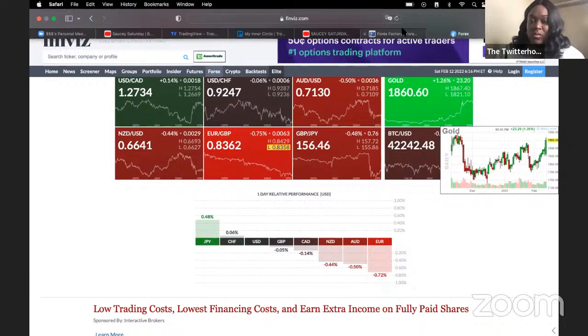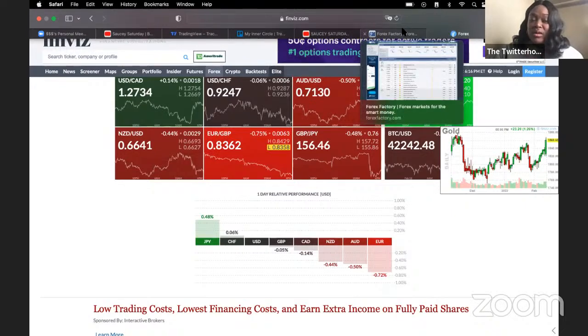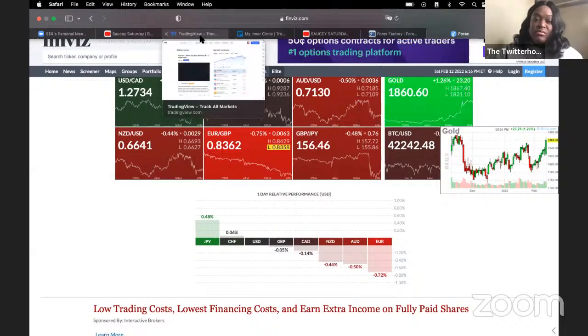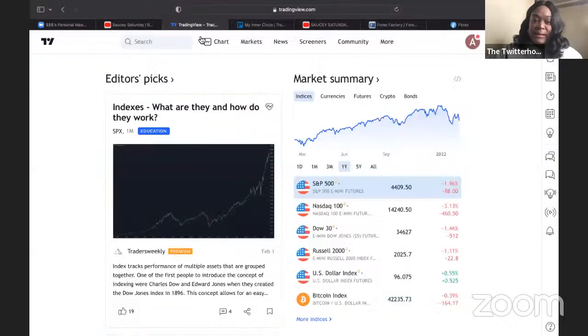So once we know what we want to trade, then we're going to go to Trading View to do the analysis, right? Trading View is a website which is free to use. There is a paid version, but you don't have to pay for it.